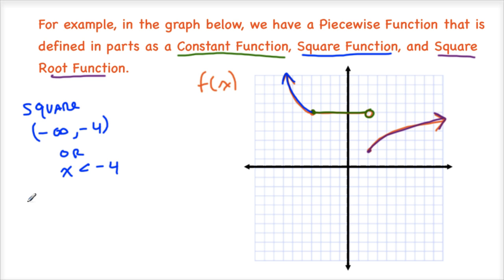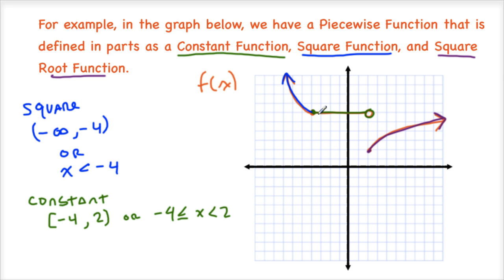For the constant function, that's going to be from -4 inclusive to 2 exclusive. So if I were to use interval notation, I would say -4 to 2. Or if I use the notation that we're going to use for defining piecewise functions, I would say -4 is less than or equal to x, which is less than 2.